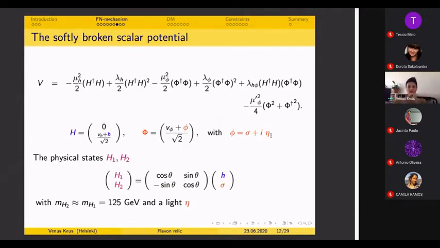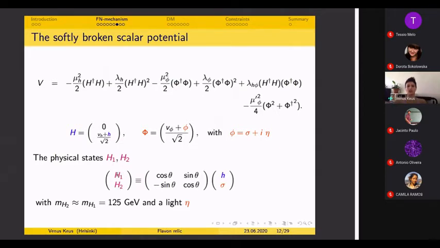So instead of having introduced this soft breaking term, you will have the CP even, or real part, of the flavon mixing with the Higgs from the standard model Higgs doublet. So this mixing can be described or quantified by this angle sine theta, which you can easily write in terms of the parameters of the potential. And the two physical particles that come out of this mixture are H1 and H2.